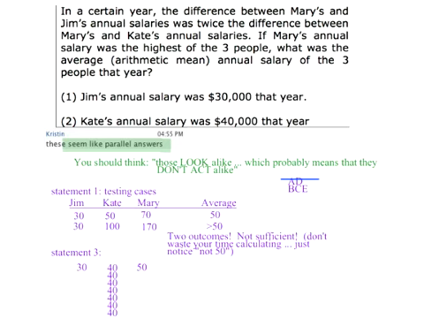So Mary would have to make 50. The average is 40. If Jim made no money at all, then the difference there is 40, so the difference between Jim and Mary would have to be 80. So Mary would have to make 80. In that case, your average is still 40. If Jim made 10, then Mary would have to make 70.